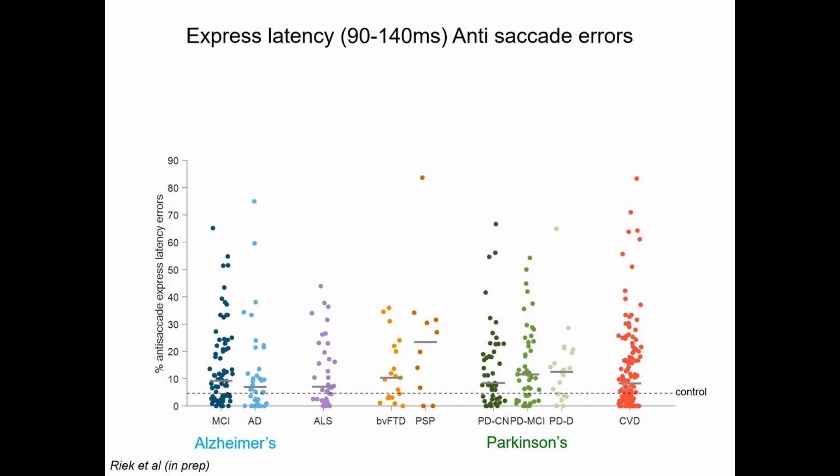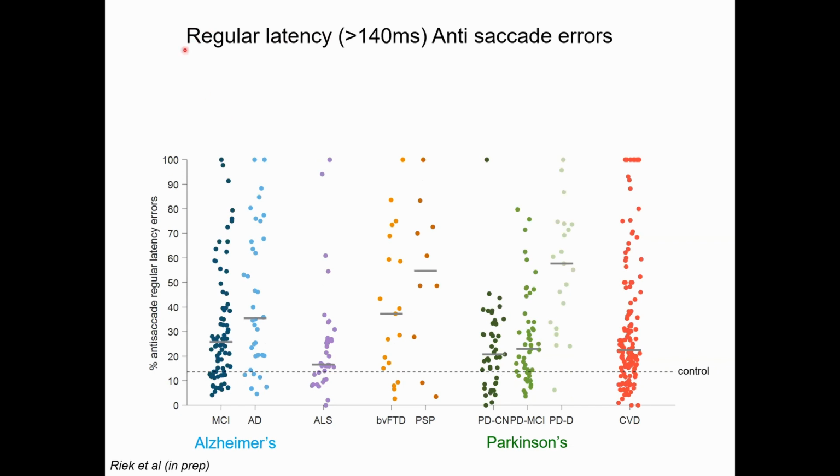And the horizontal bar and all the dots are where all the patients were relative to the mean of the controls. At the top here, I put asterisks next to the subsets that actually made more direction errors at express latency compared to controls. And it's only a couple of the subgroups.